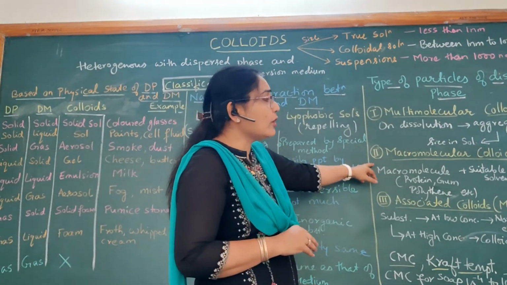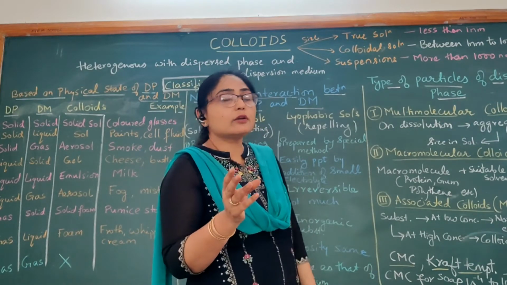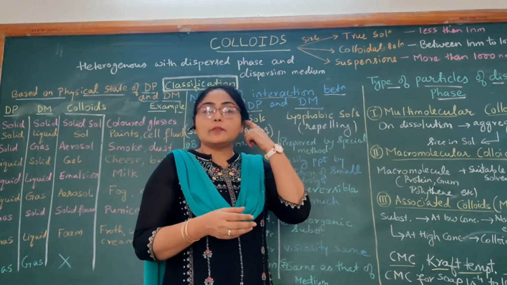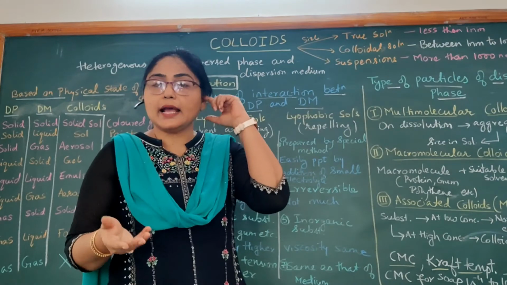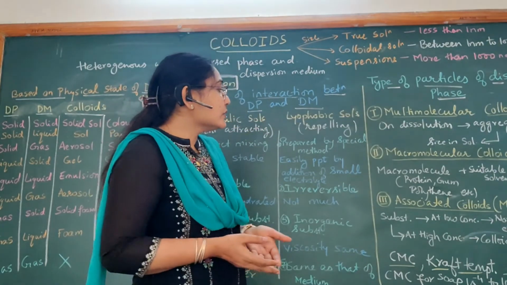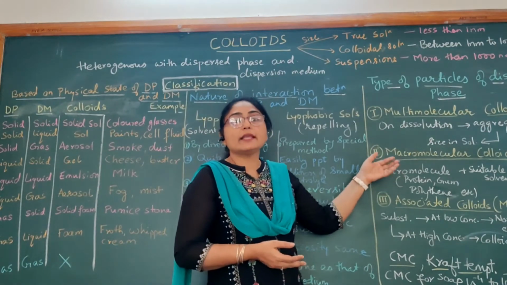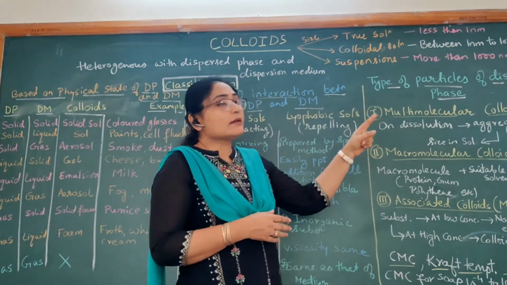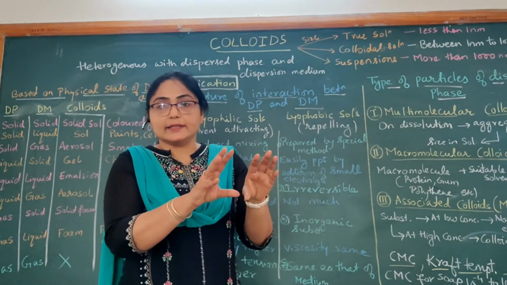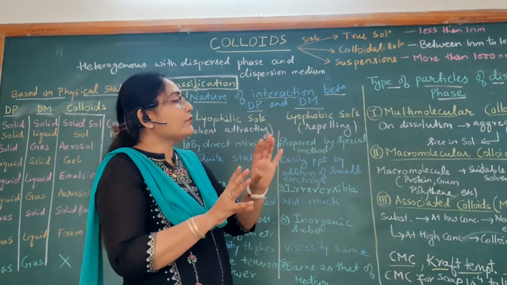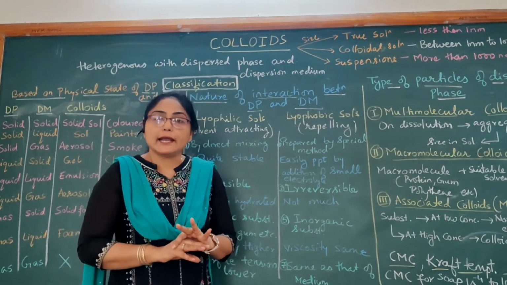What about macromolecular colloids? They can be protein, gum or polythene. Protein and gum are natural; polythene is artificial, man-made. When these macromolecules get dissolved in a suitable solvent, they attain colloidal size, between 1 nanometer and 1000 nanometers, and form a macromolecular colloid.